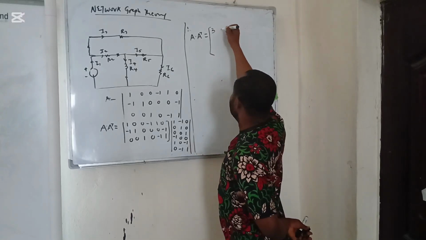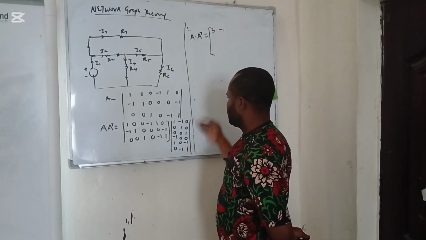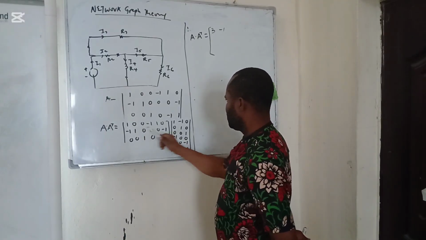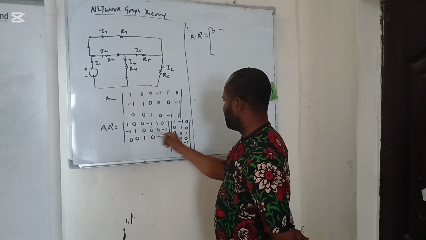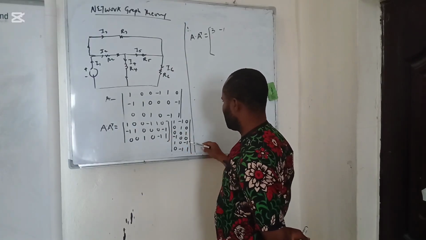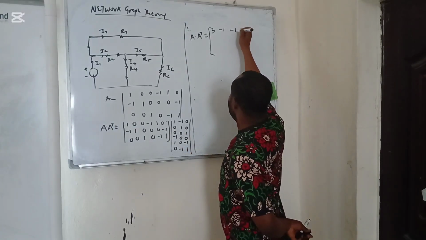So this will be minus 1. So we have on that row this times this 0, this times this 0, this times this minus 1. So that is still minus 1.